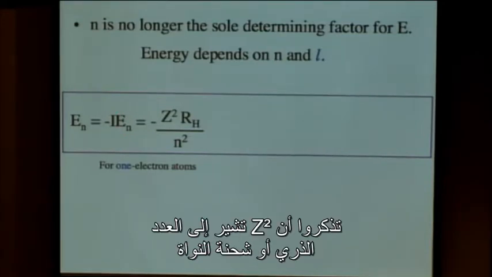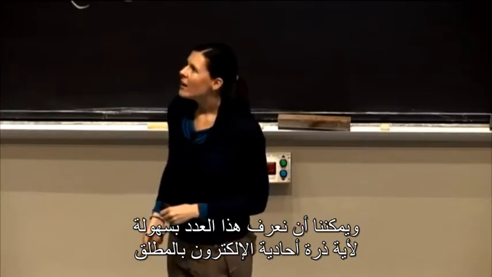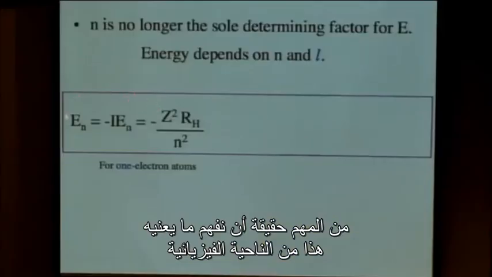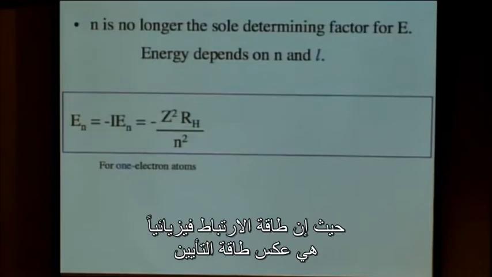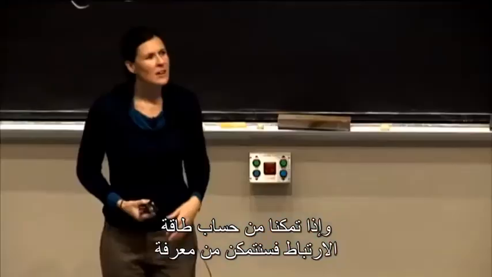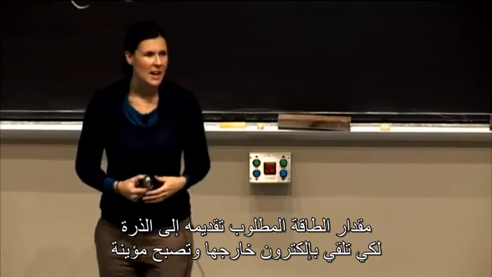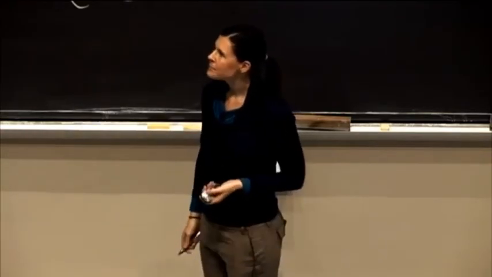Remember the Z squared, that's just the atomic number, or the charge on the nucleus. And we can figure that out for any one electron atom at all. And an important thing to note is in terms of what that physically means. So physically, the binding energy is just the negative of the ionization energy. So if we can figure out the binding energy, we can also figure out how much energy we have to put into our atom in order to eject or ionize an electron.